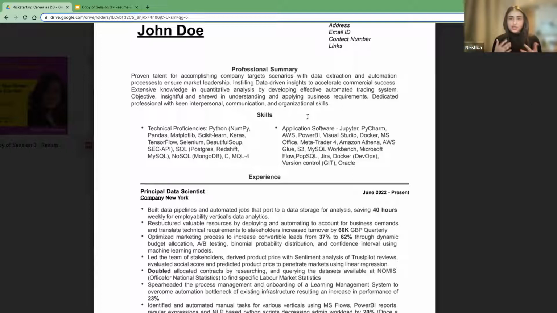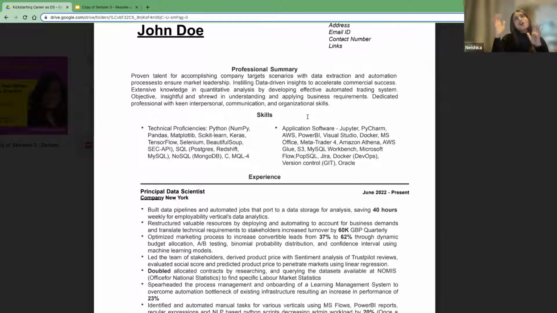So you can play around with it, but they want to know who you are and what your aspirations are. The other thing that you can mention is, if you are interested in hackathons and you like attending networking events, you can mention that. So that's the place where I need to understand who Neishka is, or whoever the CV belongs to.